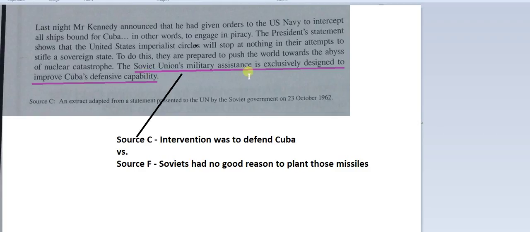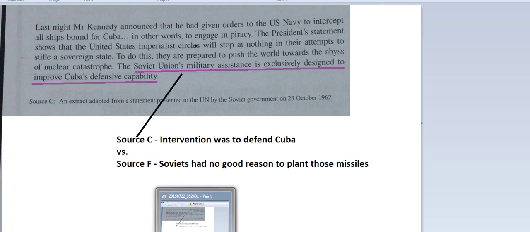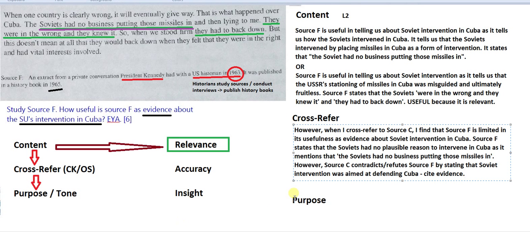It states that the Soviet Union's military assistance is exclusively designed to improve Cuba's defensive capability. And therefore it's limited in its usefulness, which you already stated over here. If you want, you can add one more line: therefore, as source C refutes source F, source F is limited in its usefulness.